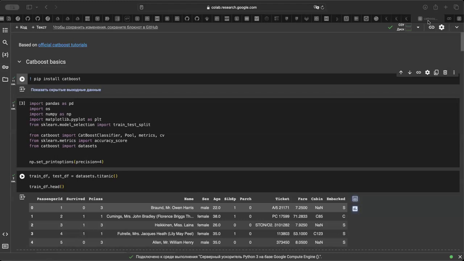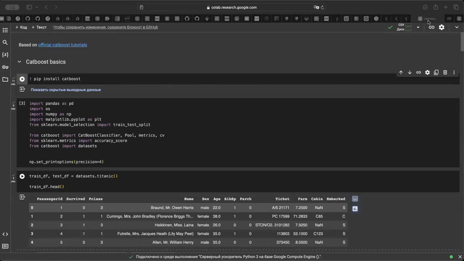So this is the basic idea of this. And the most popular way to create such type of algorithm is to use trees. So, okay, then let's talk about trees.